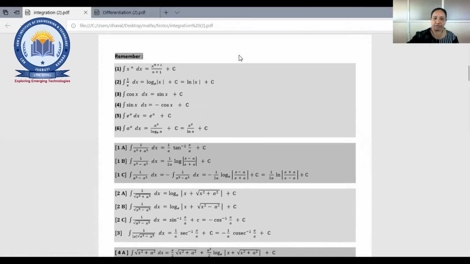Xn, you can see here, first is integration of xn dx. So what is the differentiation of xn? Can any student tell? X raised to n.